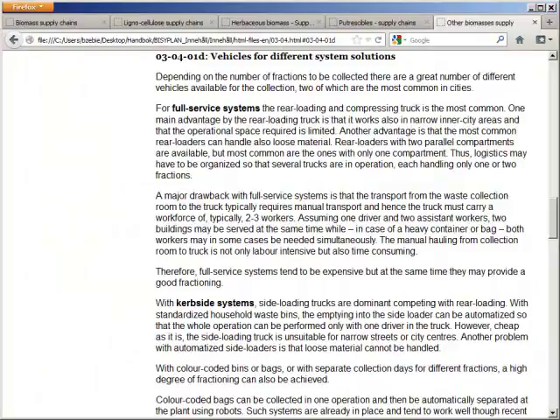This is something that is unique for garbage vehicles, for vehicles designed for the collection of municipal waste. And unfortunately, such vehicles are not available for herbaceous biomass or for woody biomass.